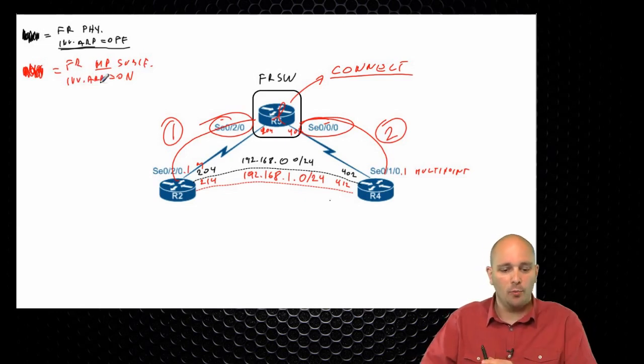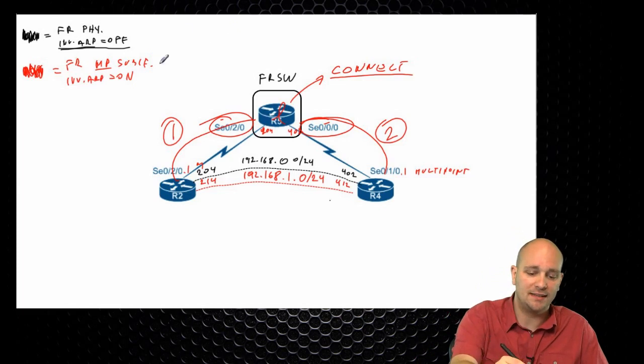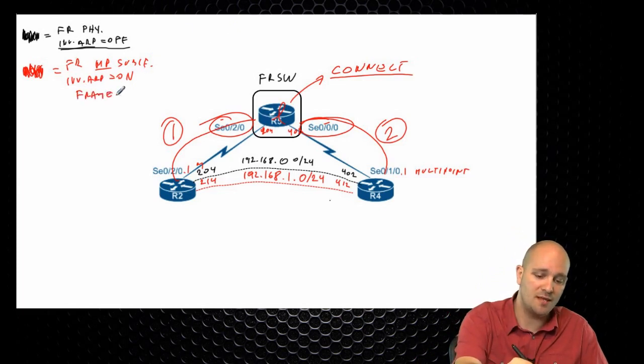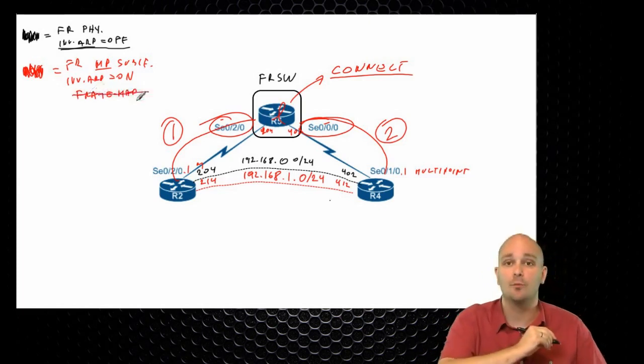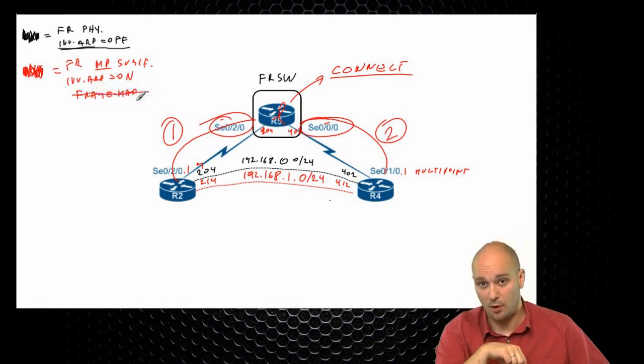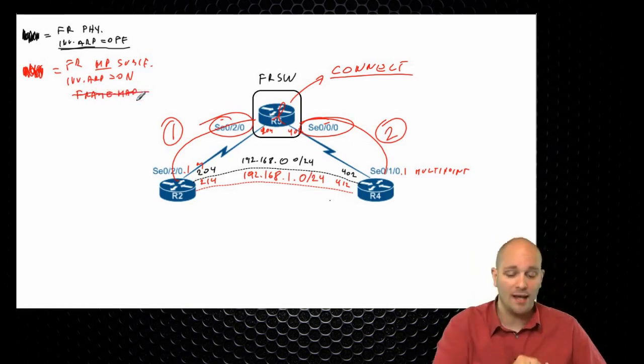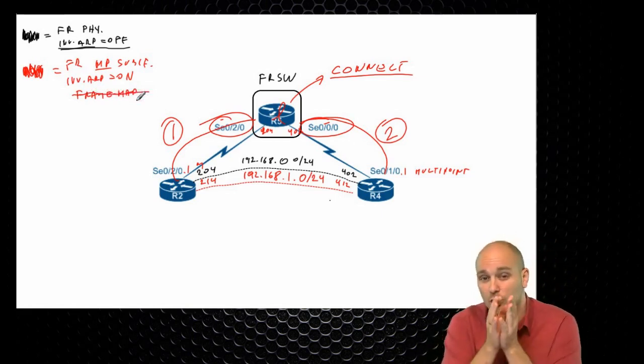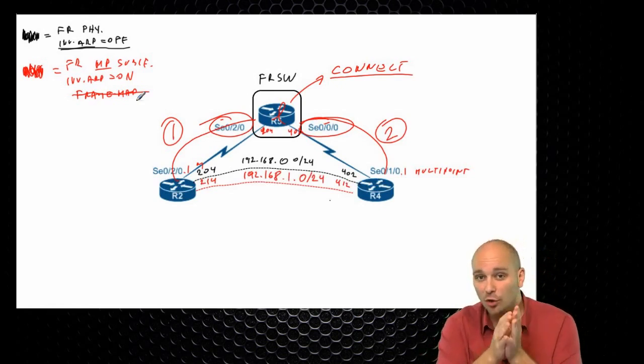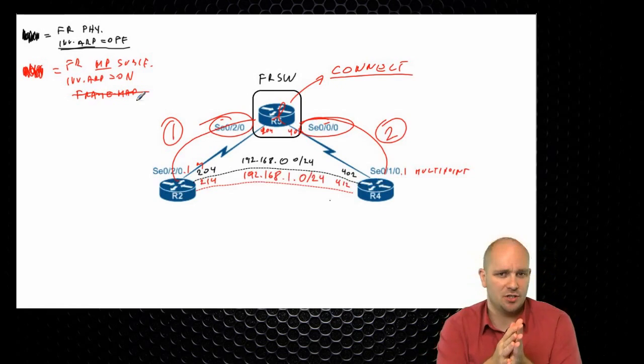Now, the problem with inverse ARP on is that it's incompatible with frame maps. So when I use the frame map on a particular DLCI, basically, I'm going to turn off inverse ARP on that DLCI. I need a way to map a DLCI to a sub-interface that does not involve the frame map statement. Do I have such an option?